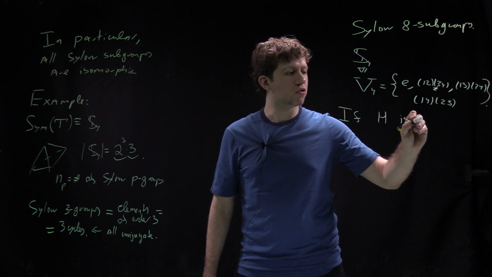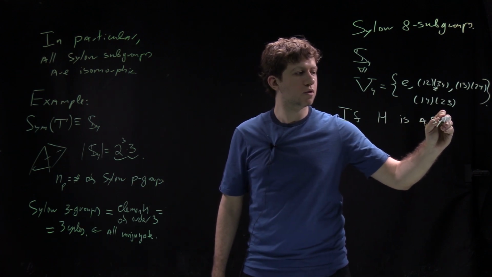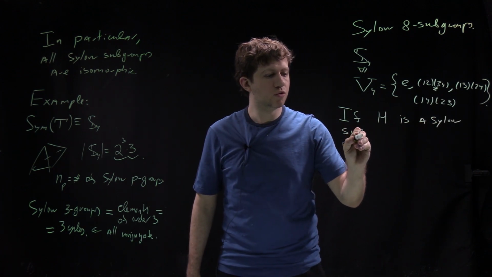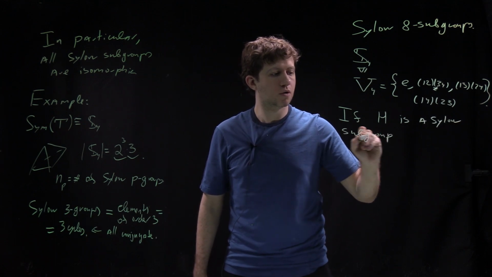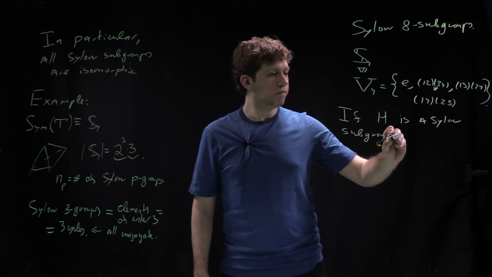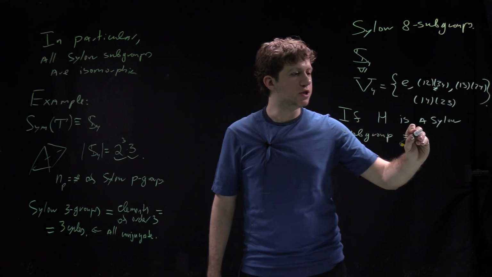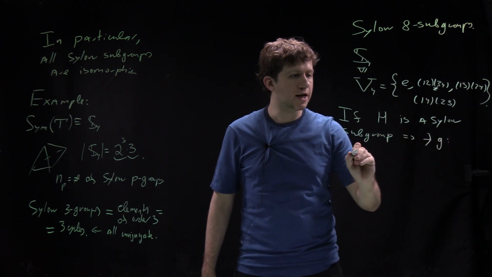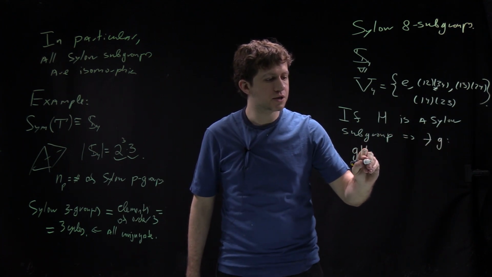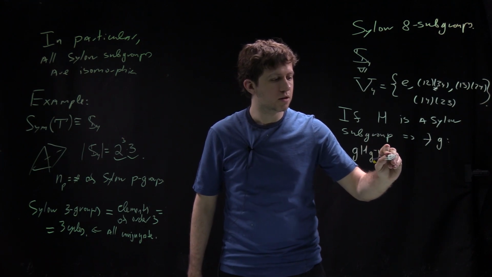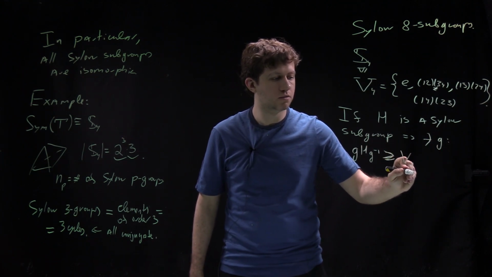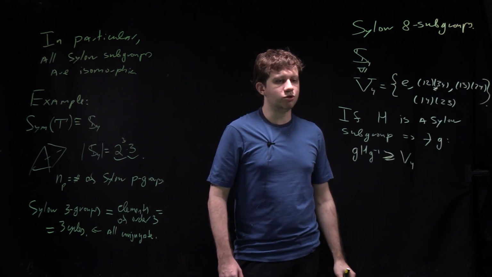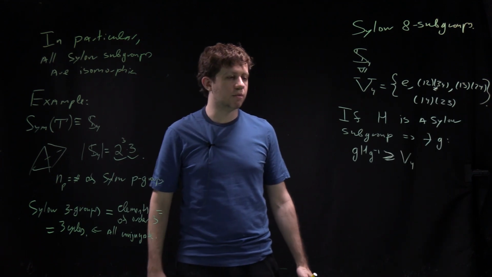So if H is a Sylow subgroup, then we know there exists g such that gHg inverse contains V4, just because this is a theorem which I mentioned before.